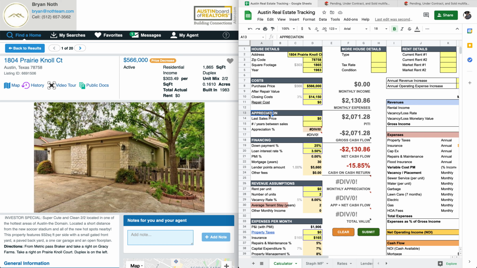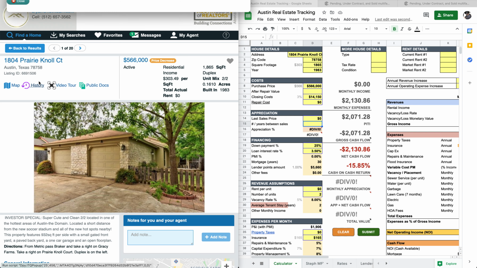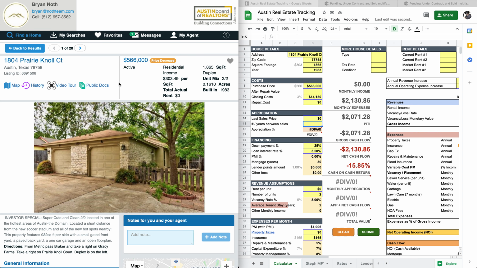For appreciation, we want the last sales price and the number of years since that last sale, so we can calculate what the appreciation has been. Oh, I have to refresh it. It's been a while. Oftentimes people mention that appreciation is not a sure thing. You don't know how the trend is going to pan out.